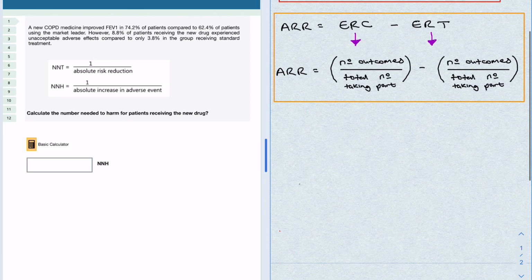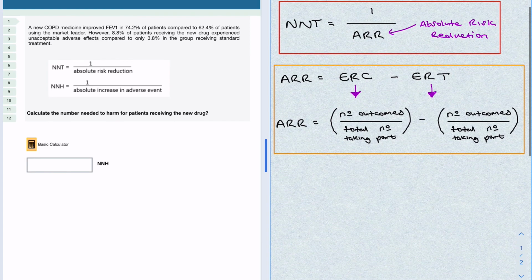So if we look at the formula that we were using for number needed to treat, we can just use the same formula and the same method again. It doesn't really make a difference. It's easier to learn a certain format, a certain way of working, when tackling exam questions. So if you wanted, I could look at the formula here in the red box, delete this T and replace it with an H to say number needed to harm.